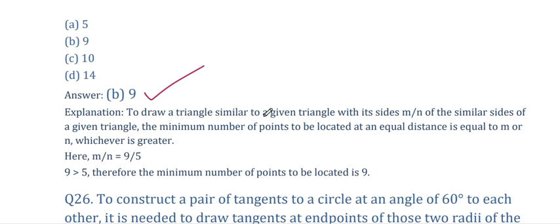To draw a triangle similar to a given triangle with its sides m by n of the similar sides of the given triangle, the minimum number of points to be located at equal distance is equal to m or n, whichever is greater, right? So for 9 by 5, 9 is greater, therefore the minimum number of points to be located is 9.